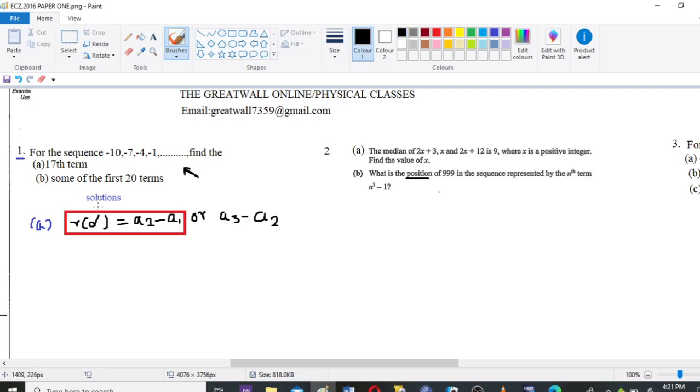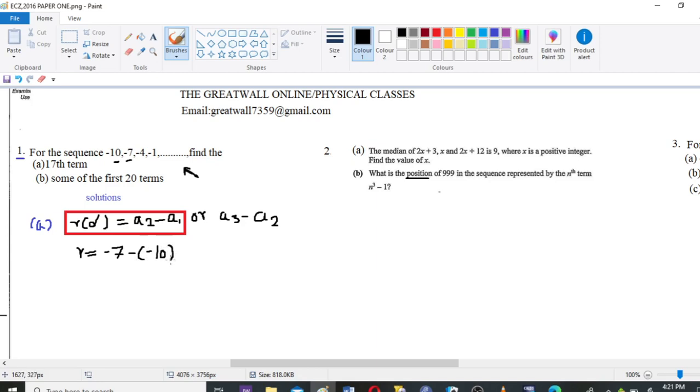Let us now put everything together. We want the common difference, so R is equal to A2, which is -7, the second term in the sequence, minus the first term, which is -10.